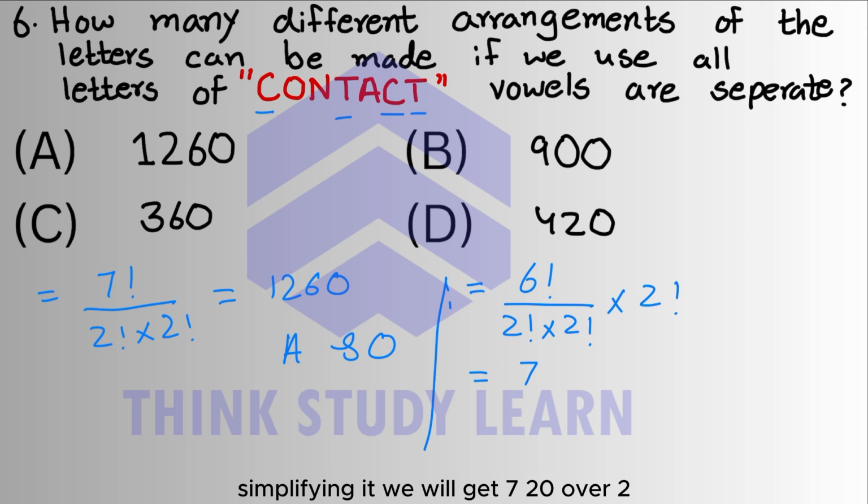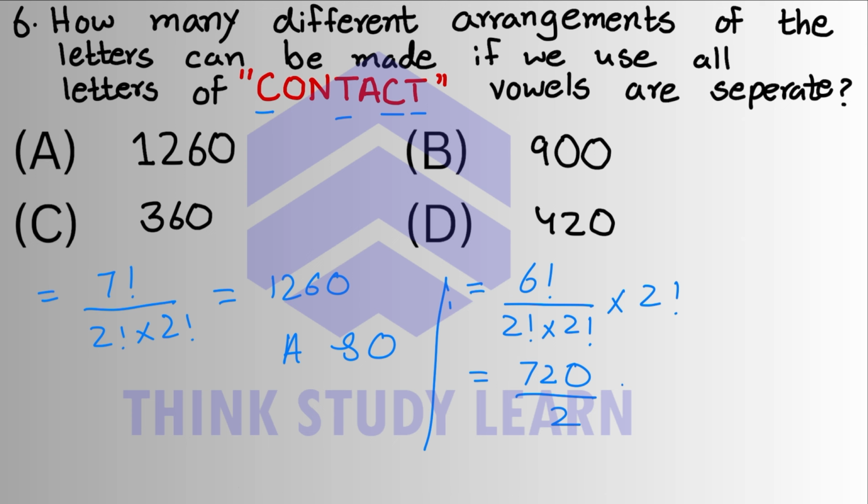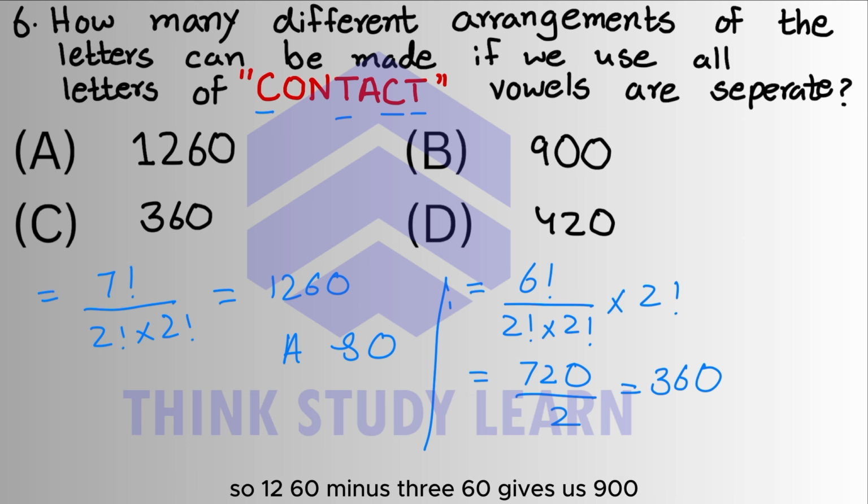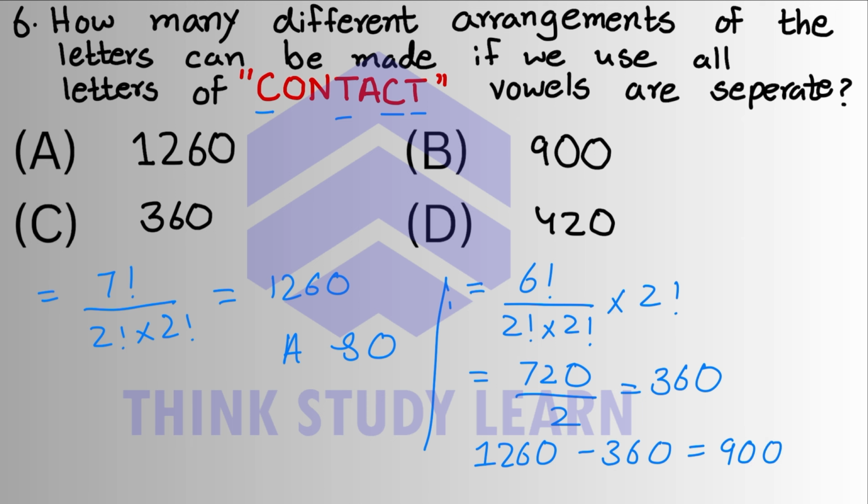Simplifying it, we will get 720 over 2, which is equal to 360. Now the total number of ways will be 1260 minus 360, which gives us 900. So these are the ways in which the word contact can be arranged if vowels are separated. B option will be the required answer.